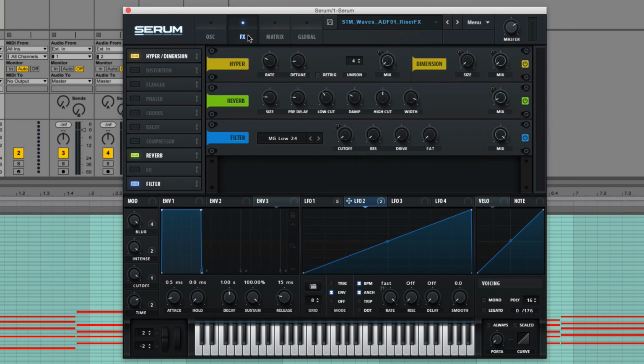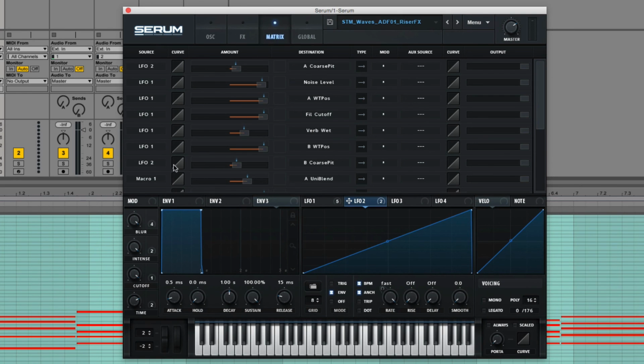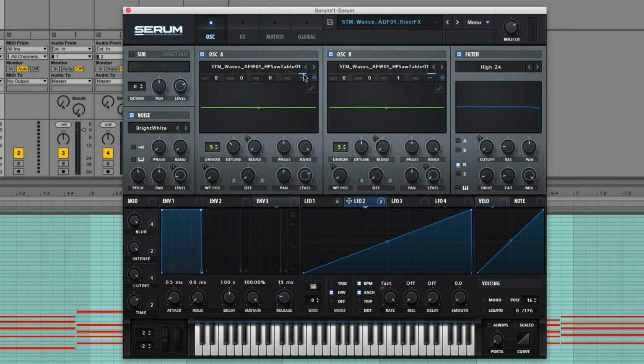LFO2 is on pitch right here. It goes till about 19, which is kind of important. You don't want it to go too high. It's too much modulation, depending on what starting note you're using. But this is 22 and 19, so there's a slight amount of detuning that happens as the envelope increases.